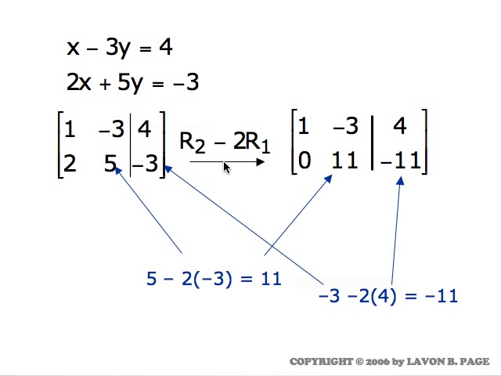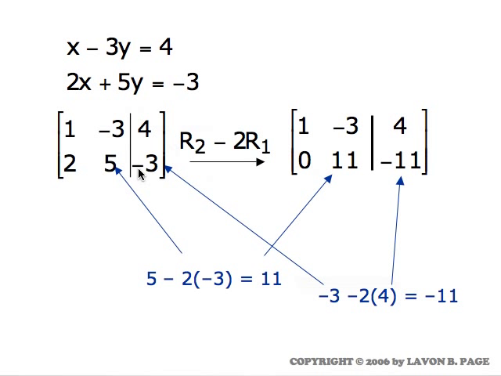So that will give us for our new second row 2 minus 2 times 1 is 2 minus 2, which is 0 in this spot. The 5 will become, when we do row 2 minus 2 row 1, 5 minus 2 times minus 3 is 5 plus 6, which is 11, which comes in this spot.